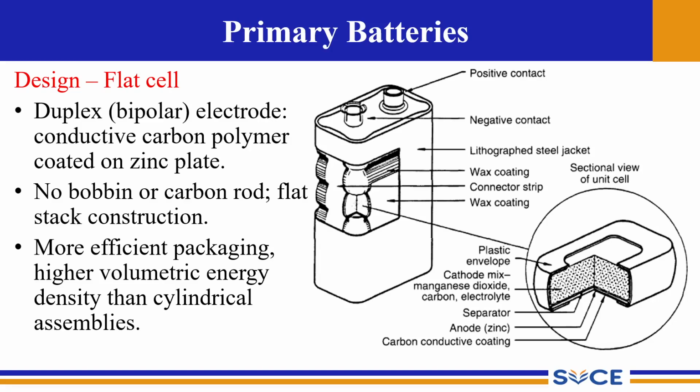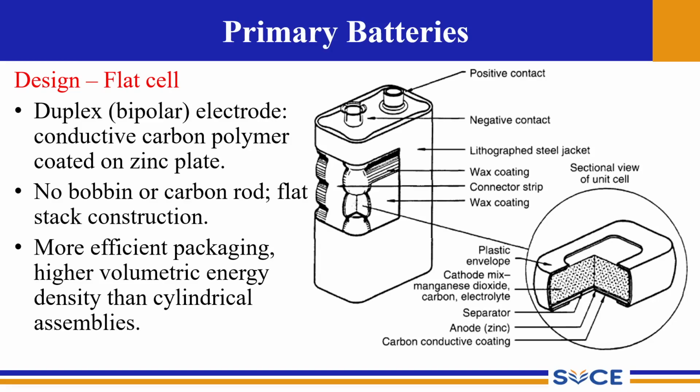So this flat stack configuration leads to more efficient packaging as it minimizes the space which is wasted within the battery casing. This efficient use of the volume directly reflects in a higher volumetric energy density than conventional cylindrical assemblies.